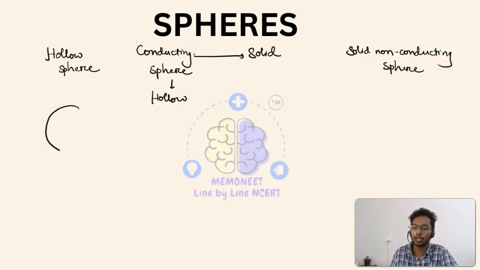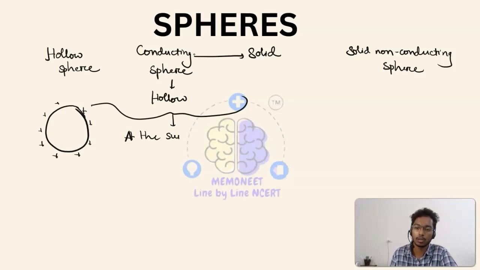In the hollow sphere the charge will always reside at the surface. So if we take the Gaussian surface for these three, the charge will reside at the surface only.